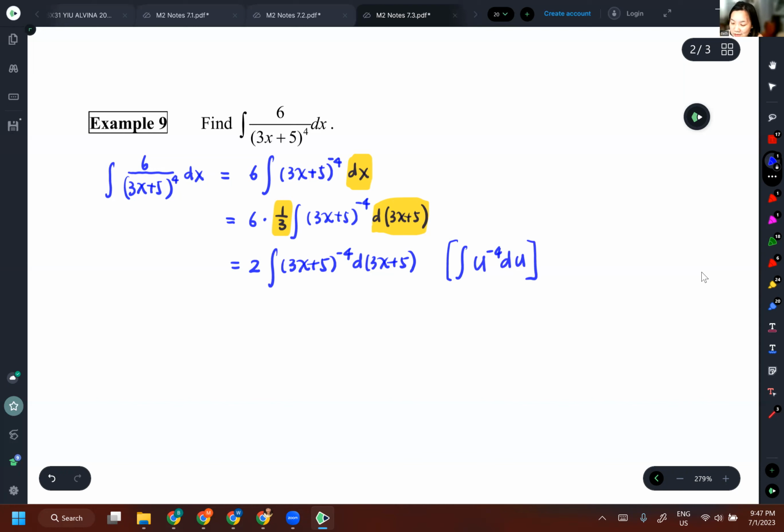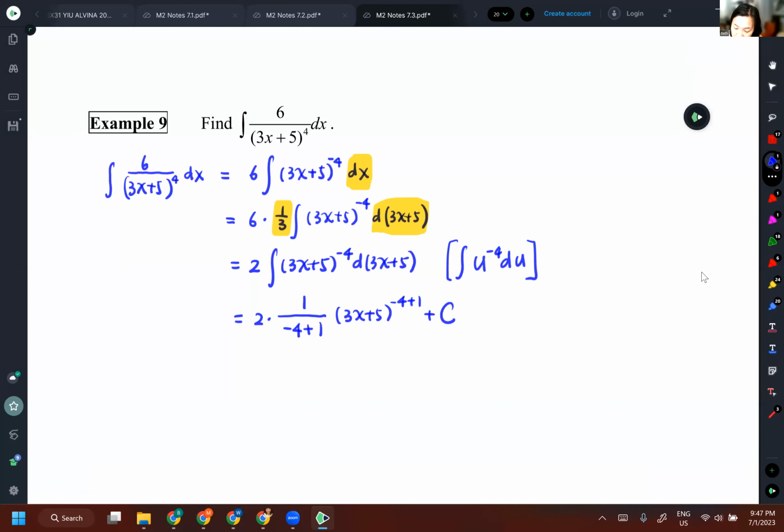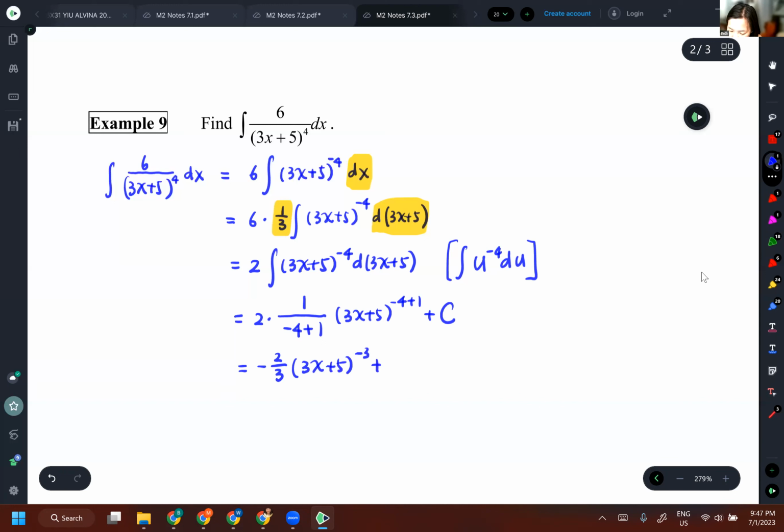Okay, think about this. And then use the formula, negative 4 plus 1. And then u is 3x plus 5, to the power negative 4 plus 1. And then the answer, to the power negative 3, plus c.